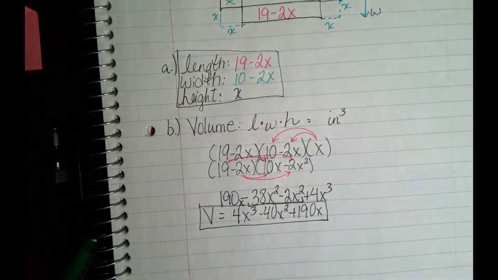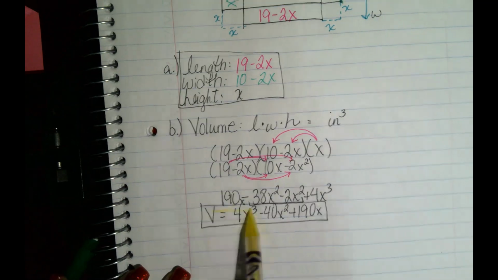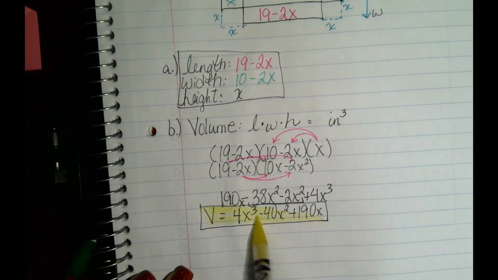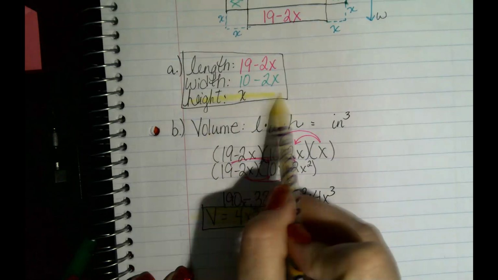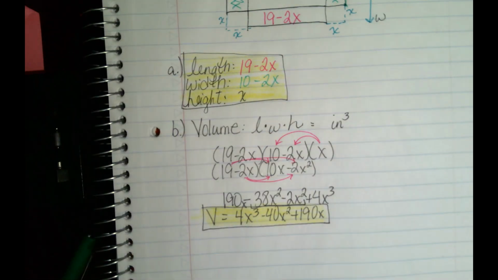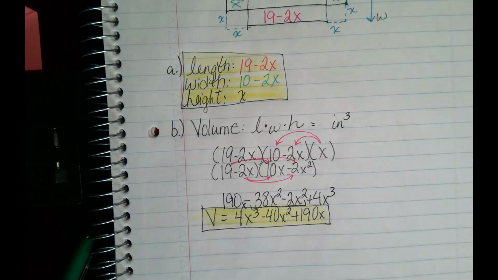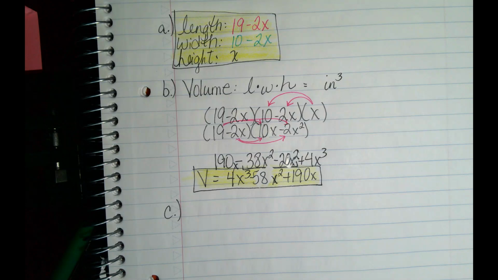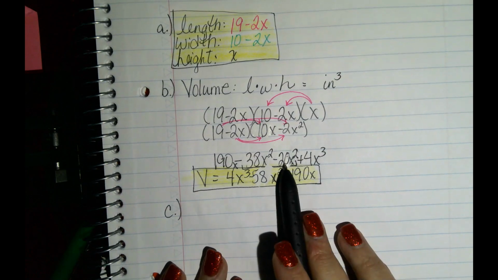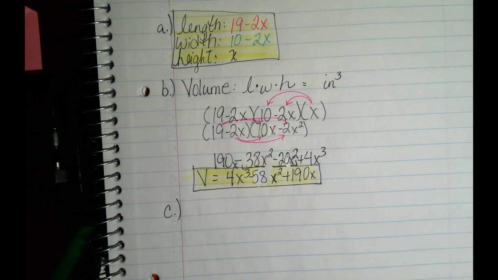I'll pause and give you time to work out your volume if you still need help with that. Okay, so a quick correction here. This should have been 20x squared. And when I combine like terms, I get negative 58x squared.